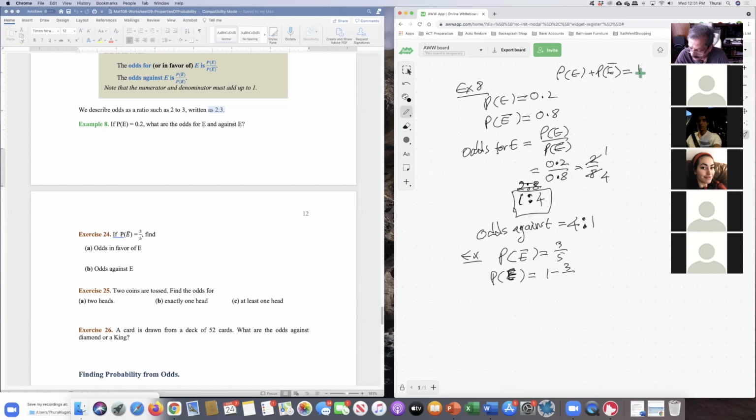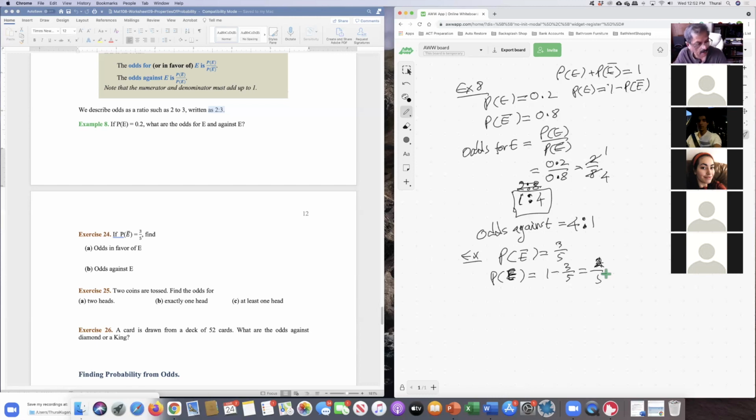So if you want either one, you subtract the other one from 1. So 1 minus 3/5 is 2/5.